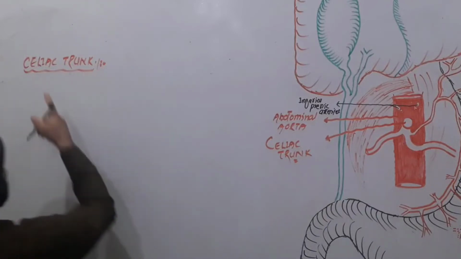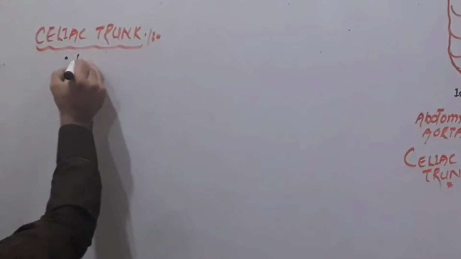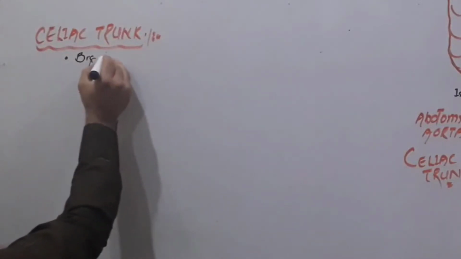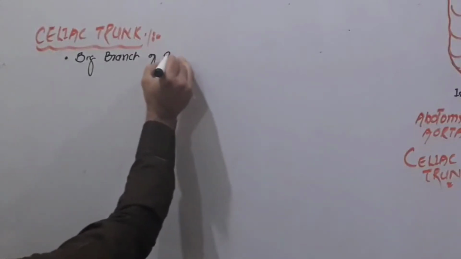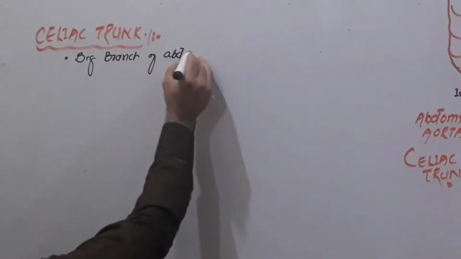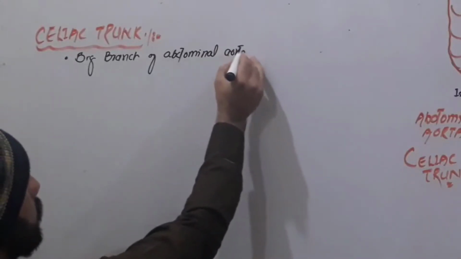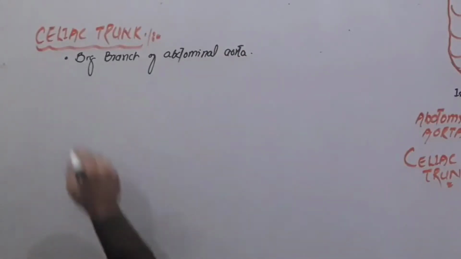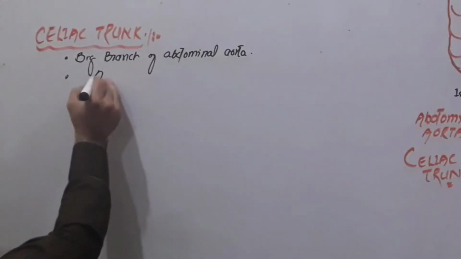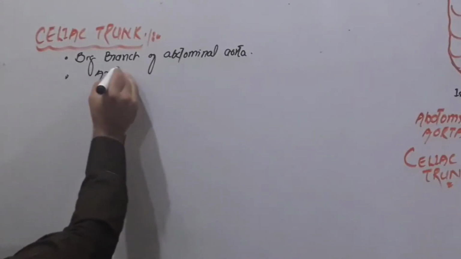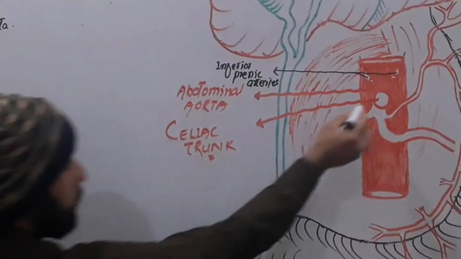It is a big branch of the abdominal aorta, right? The first and important thing about it. The next important thing, what is that? It arises anteriorly from the abdominal aorta.